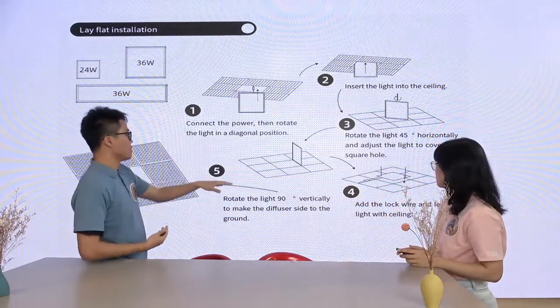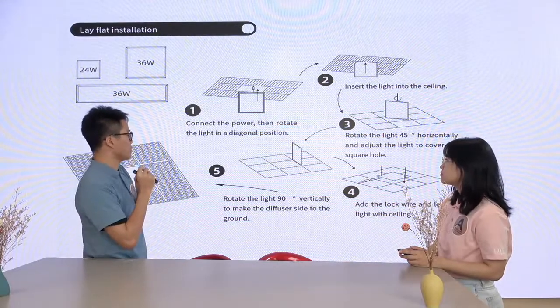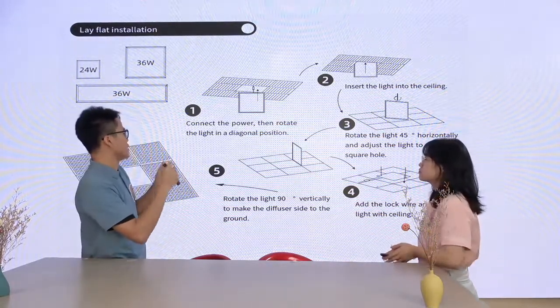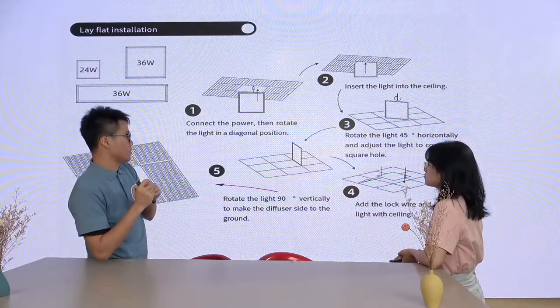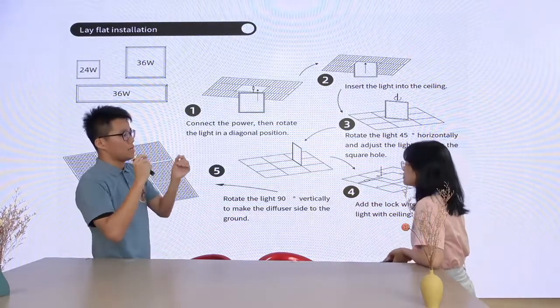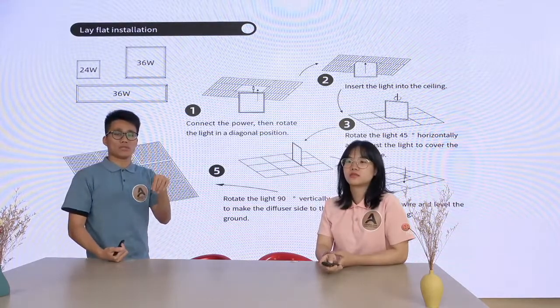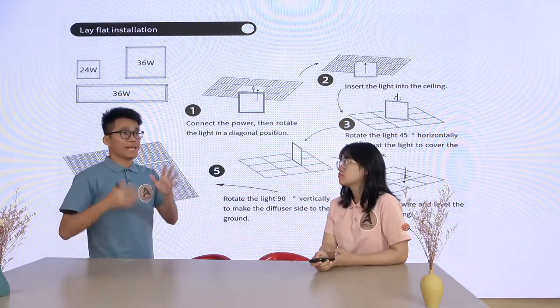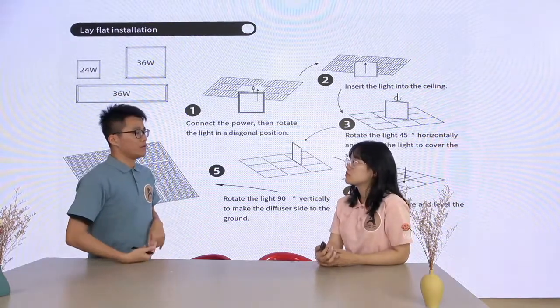Yes, and after you lock the wire with the panel, we need to rotate the light 90 degrees vertically to make sure the diffuser faces the ground. Yes, this is also to make sure the lighting will shine right on the floor, right?